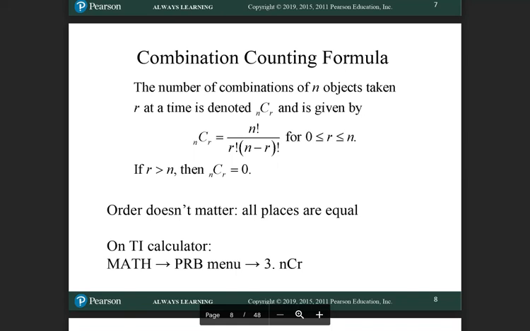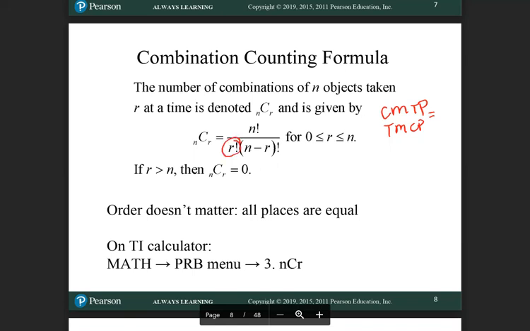In that case, we have to divide by duplicates, because if I have something like CMTP, now TMCP is the same. It's the same 4 letters. The order doesn't matter. So no matter how I arrange these letters, it's one option that I need to count. So I need to divide by the duplicates, and that's what this is here.